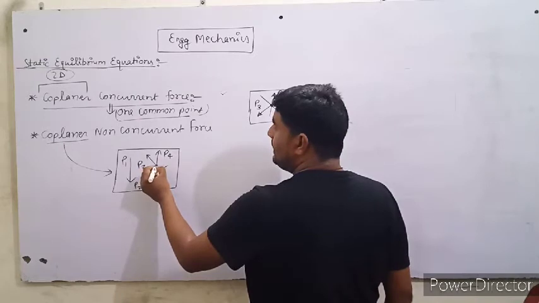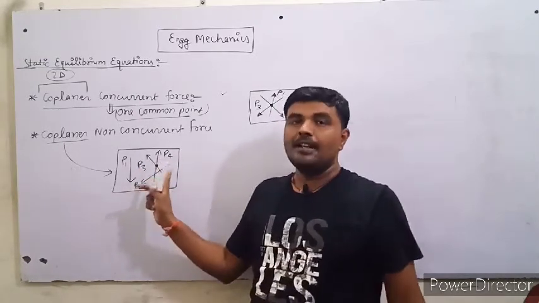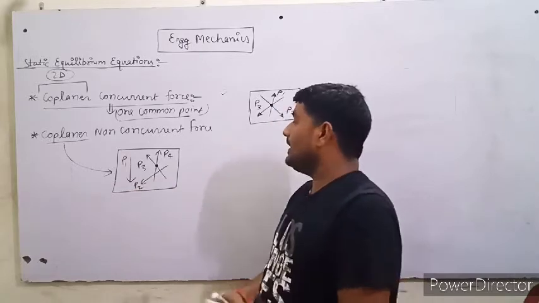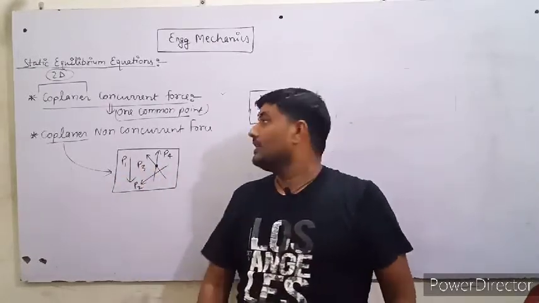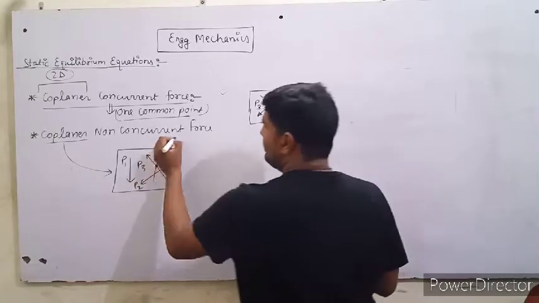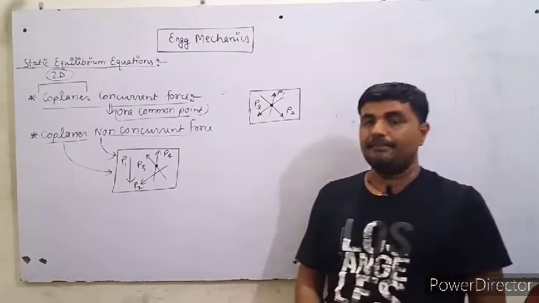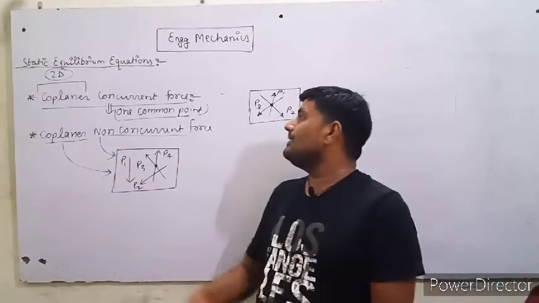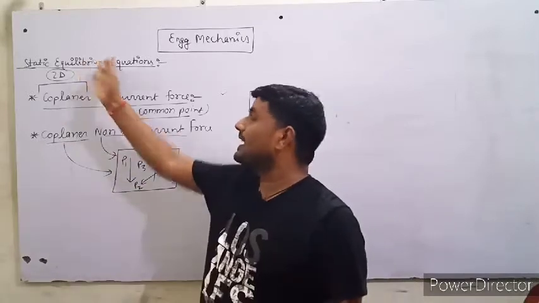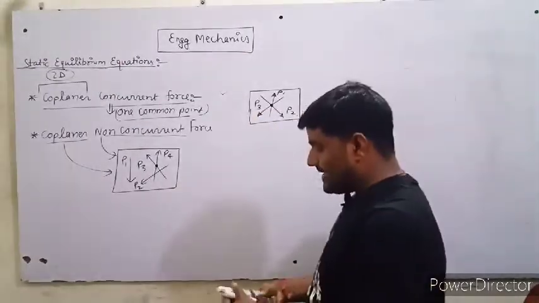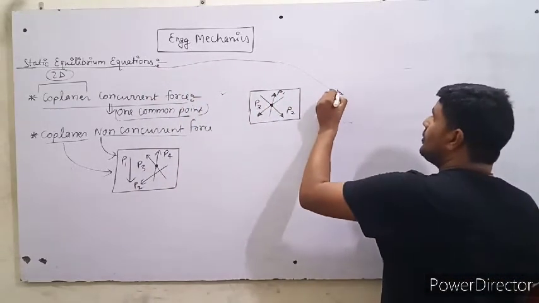Here the line of action or point of application of P3 and P4 pass through the same point. But if I talk about this system of forces which are not passing through a common point, this type of system is known as coplanar non-concurrent force system. So student, this is basically the classification of system of forces we will discuss in static equilibrium. So let's talk about what are the different equilibrium equations.